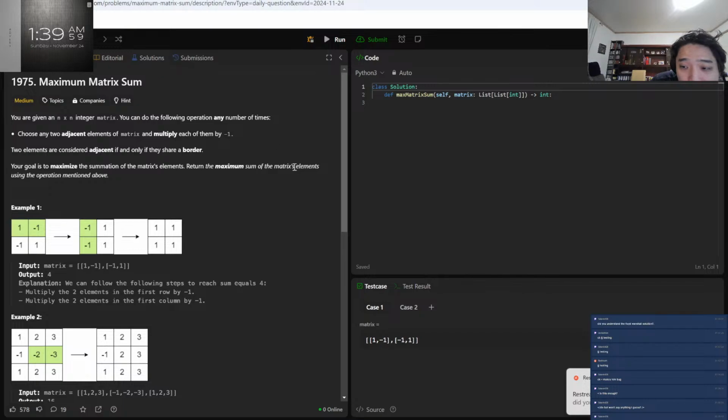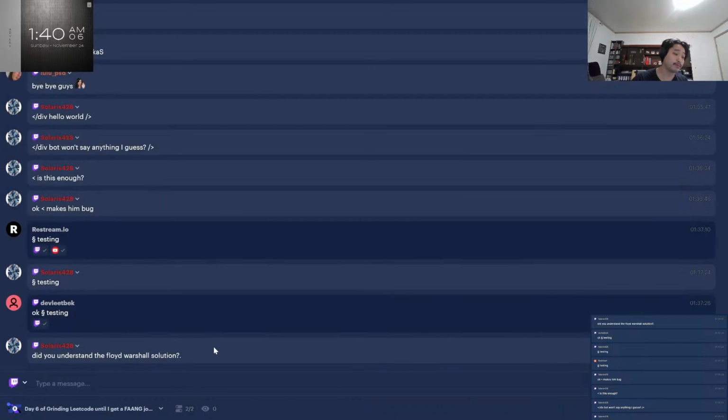Solaris 428: Did you understand the Floyd-Warshall solution? Yeah, that was actually something I'm familiar with from my studies. Essentially, it's graph traversal, finding the shortest distance between the different indexes. I don't think I would be able to recreate the Floyd-Warshall algorithm by myself.